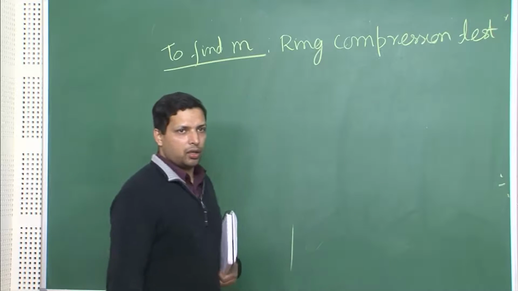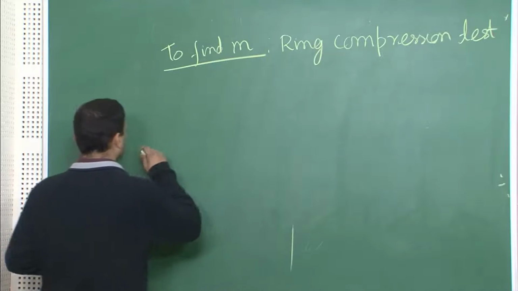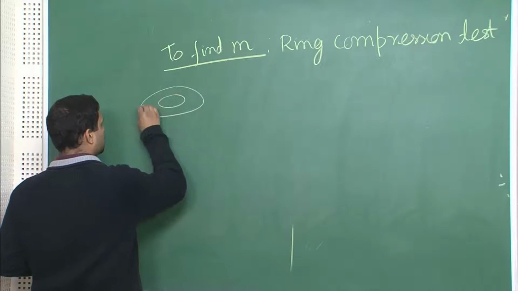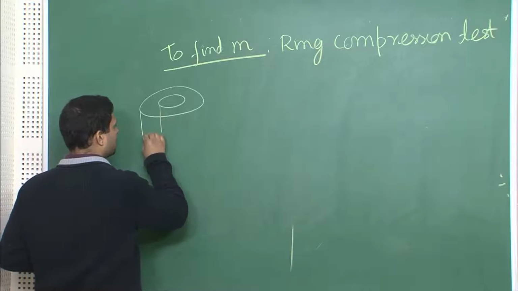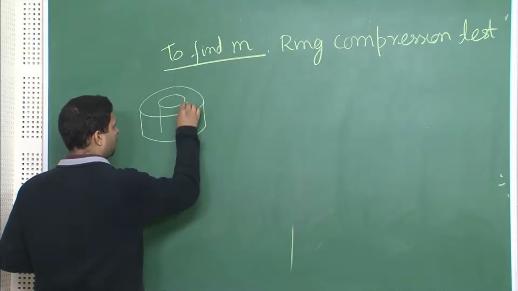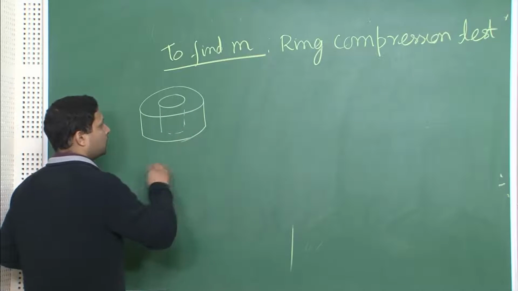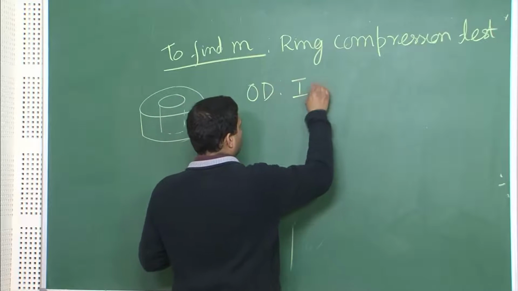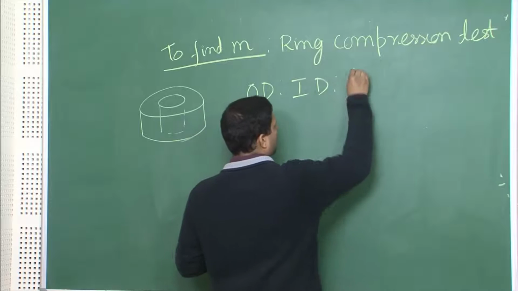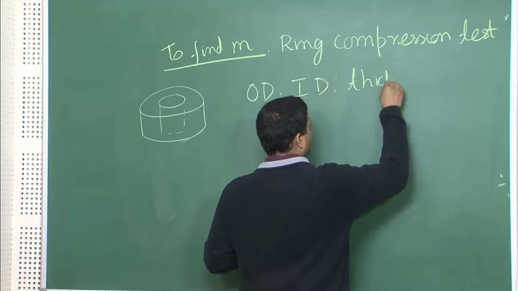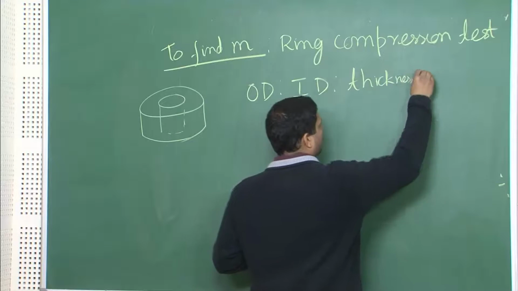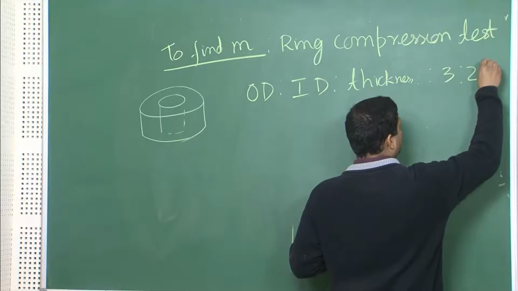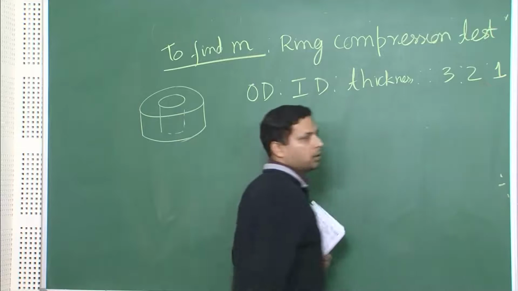This is not very complicated. All you need to do is take a ring something like this, where outer diameter to inner diameter to thickness is supposed to be in the ratio 3:2:1.